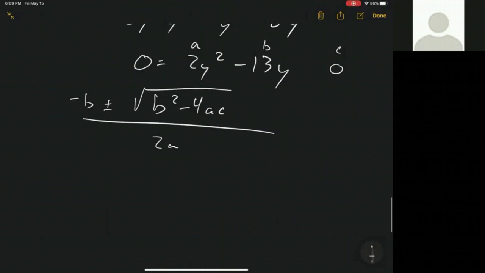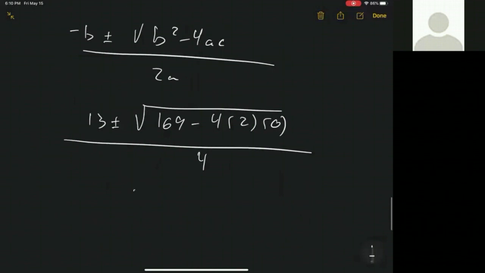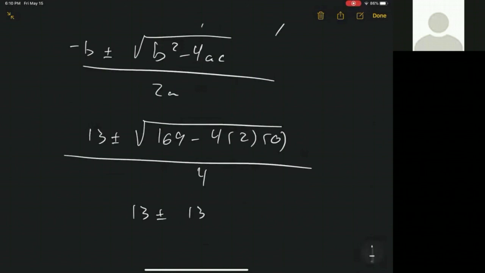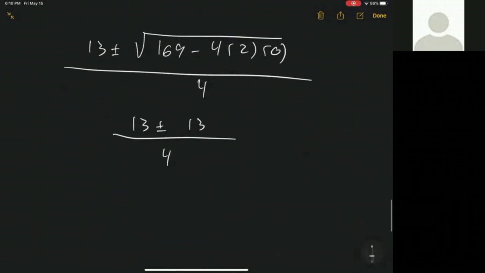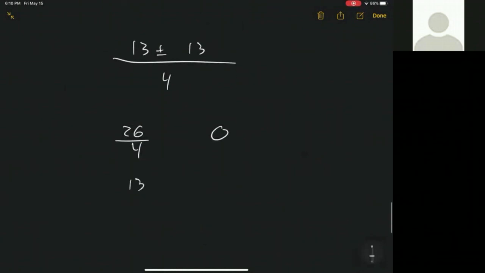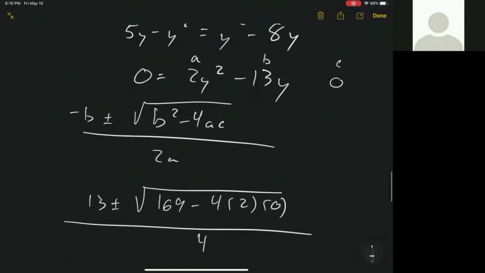So negative negative 13 is positive 13, plus or minus the square root of 169 minus 4 times 2 times 0, all over 4. So 13 plus or minus 13, over 4. So it's either 26 over 4 or 0. So 13 over 2 or 0. Not too bad.